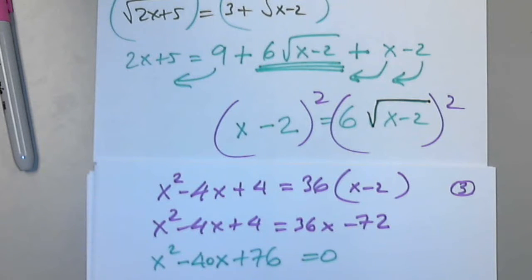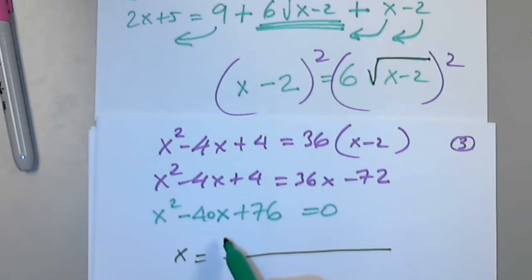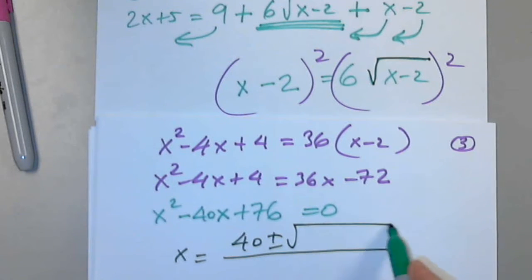Okay. Better? Very good. So negative b plus or minus the square root of b squared minus 4ac over 2a. So if you have your calculator, give me the number. If not, I will calculate it myself. 1600 minus 4 times 76. And the square root.